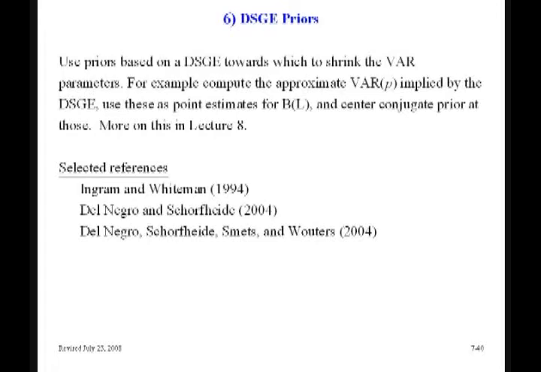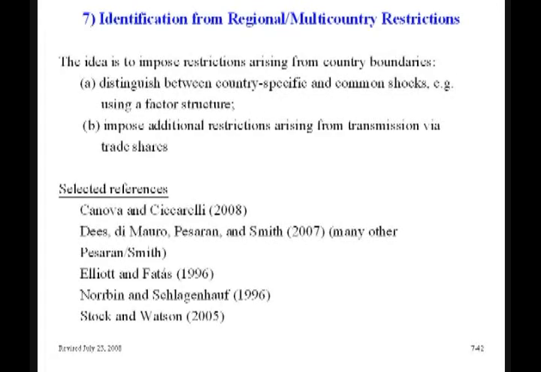The next one I'm going to be quick on, which probably minimizes its importance: in some very special cases, if you're working with multi-country models and you say that shocks transmit in proportion to trade flows or trade shares, then you can get some identification out of that. There's some literature. It is what it is. It's not like the greatest. I can say that because we have a paper on this.